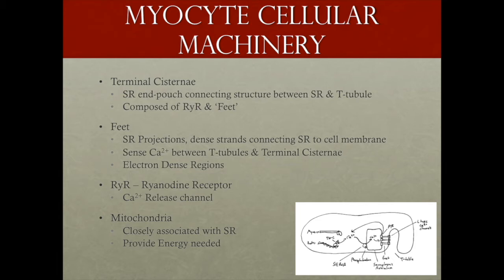Your RYR is your ryanodine receptor. It is a calcium release channel. Again, abundant mitochondria surround the sarcoplasmic reticulum and are in close association with it and provide the large ATP energy source needed for its performance.